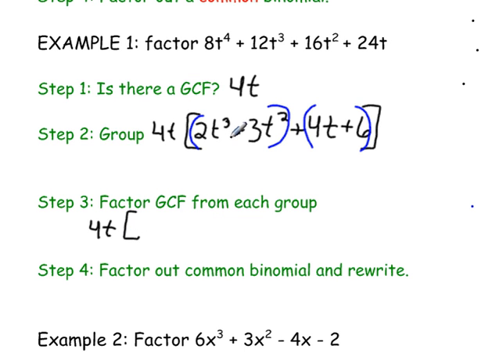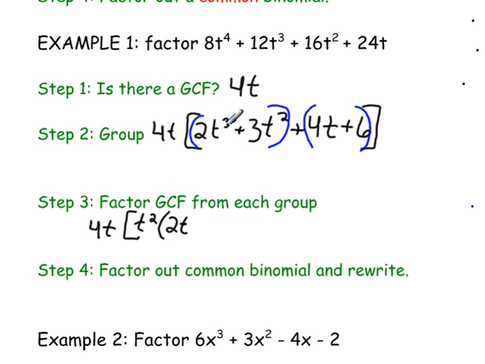So that leaves me with t squared times what's left over? 2t to the first. Okay. I managed to get that because I factored out a t squared.